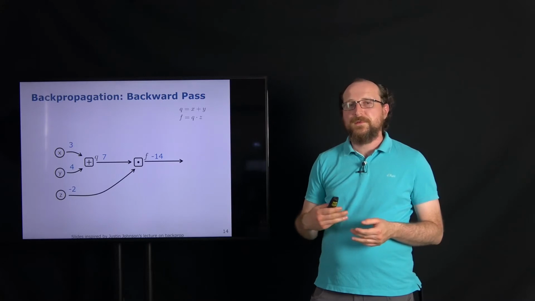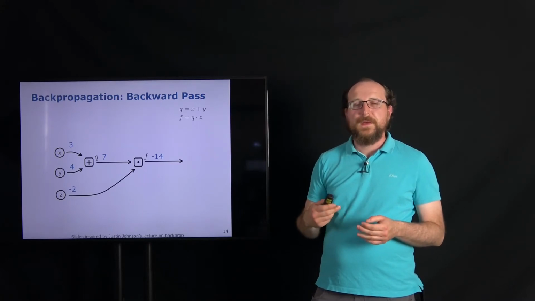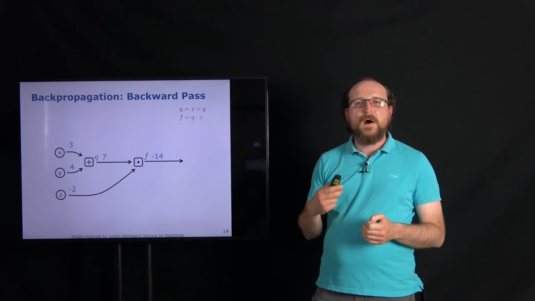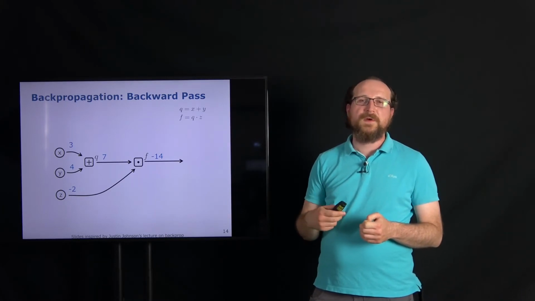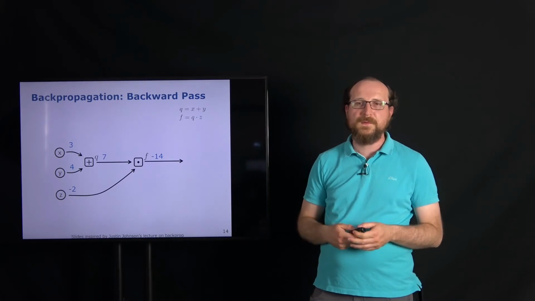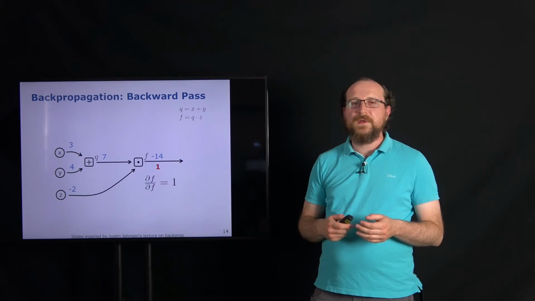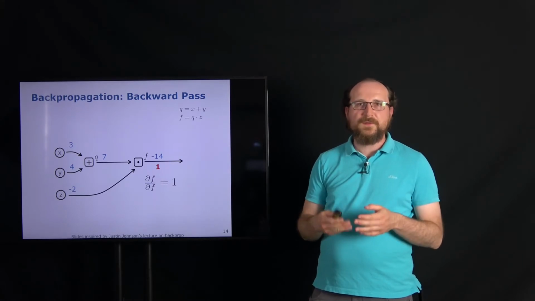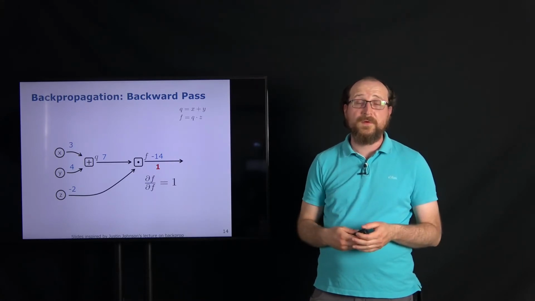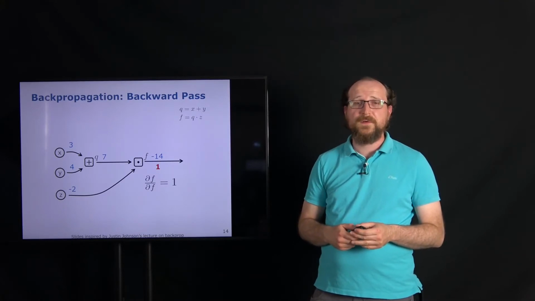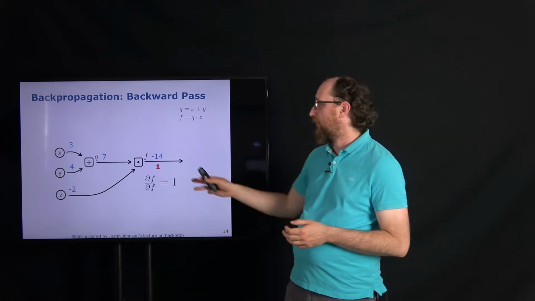And as you might remember, what we want to have here is how much f changes when we are changing f. And in this case, this is simple because when we increase f, then f will of course also increase by 1. So therefore, the partial derivative of f with respect to f is of course 1 in this case.